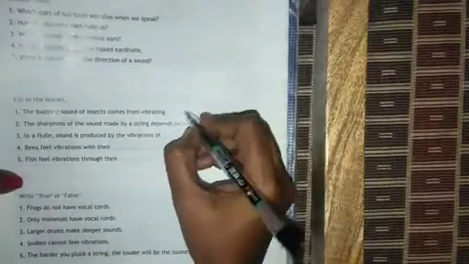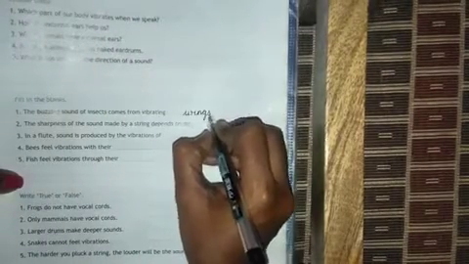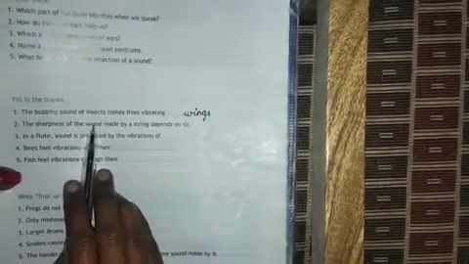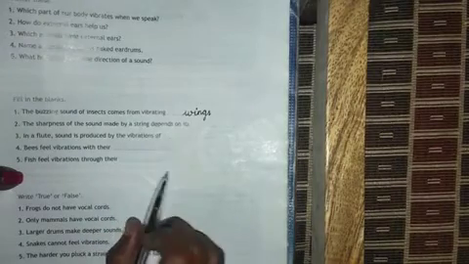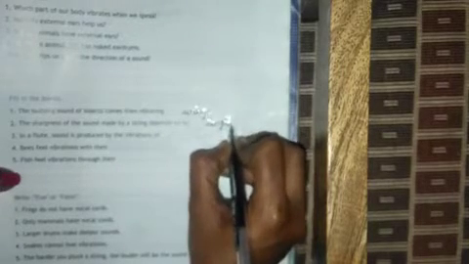The buzzing sound of insects comes from vibrating wings. W-I-N-G-S, wings. Second one. The sharpness of the sound made by a string depends on its what? Length. L-E-N-G-T-H, length. Third one.